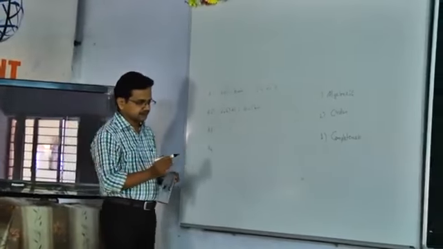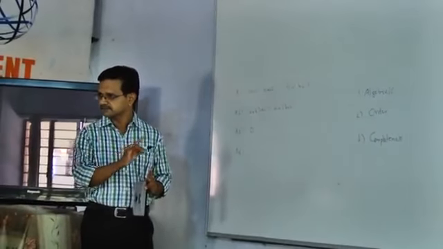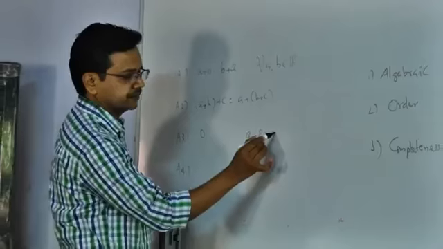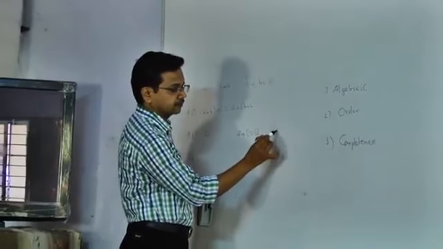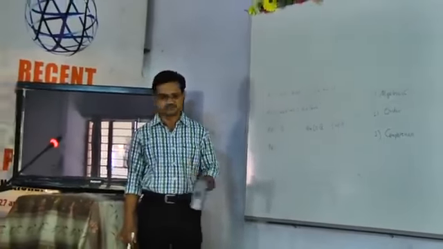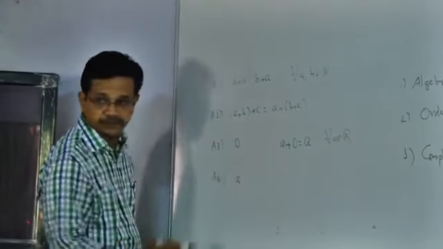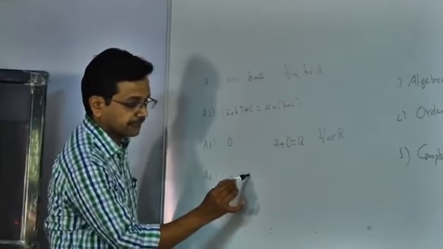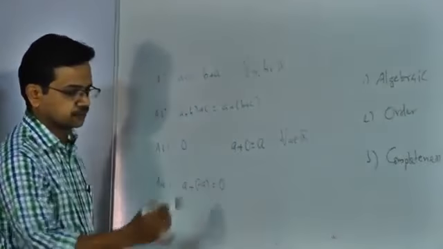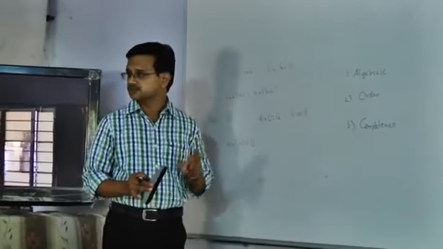Next, in R there exists an element which we denote by 0, having the property A plus 0 equal to A for all A element of R. This is called the additive identity. Next, corresponding to every real number A, we can find minus A, the negative of A, having the property A plus minus A equals 0. These are the 4 algebraic properties relating to addition.